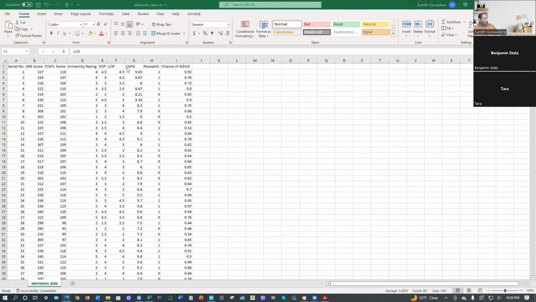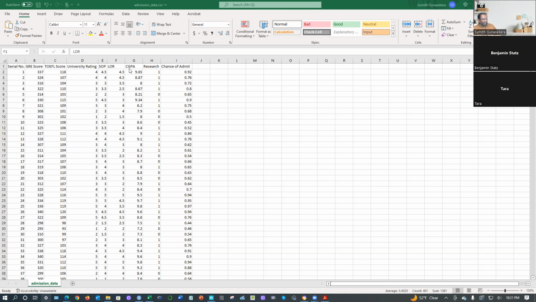Later on, you can say, how about based on the cumulative GPA, grade point average? How about based on the letter of recommendation? How about the statement of purpose? How about the university rating? How about the TOEFL score? I think the TOEFL score you don't have if you are a domestic student. If you are an international student, you might have that one, but the local, the domestic students, they don't have to take this one.